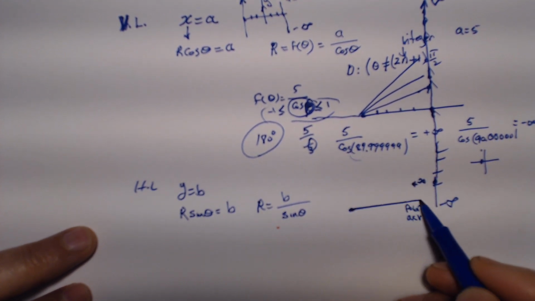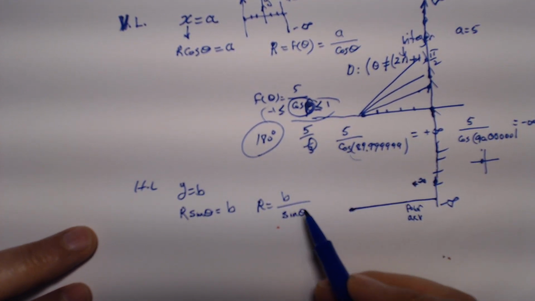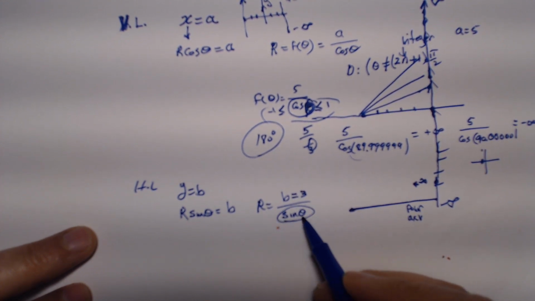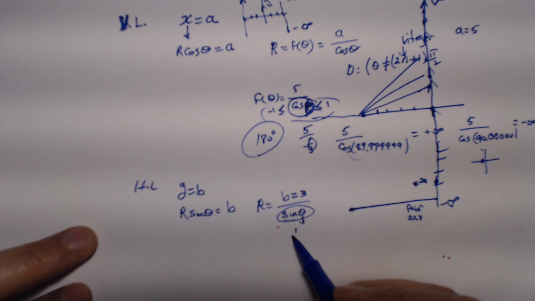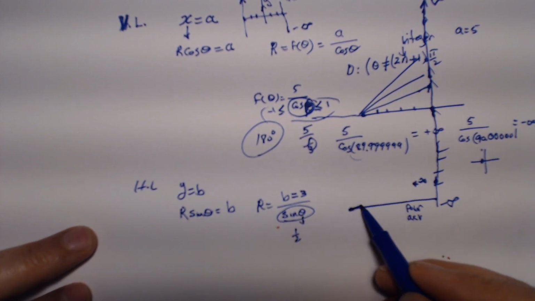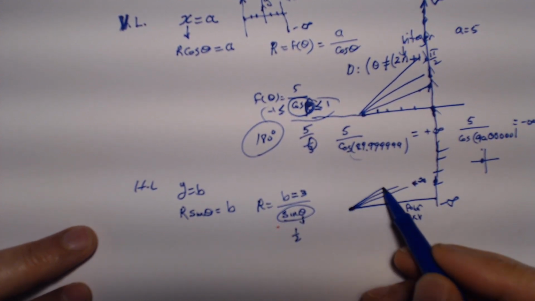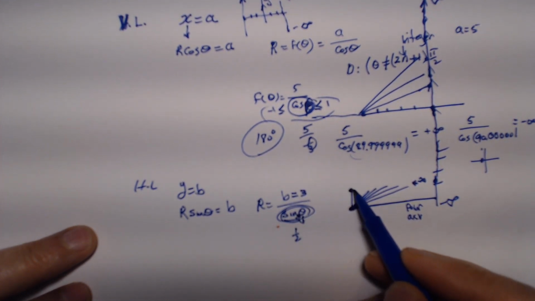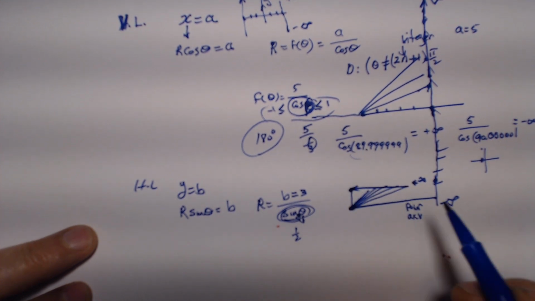Then r goes to infinity as the angle approaches 0, assuming b is 3. If theta becomes pi over 6, sine of pi over 6 is 1/2, and r becomes 6. Therefore, r is going to decrease until you get to 90 degrees. Sine of 90 degrees is 1, and r is at its smallest value, which is 3.